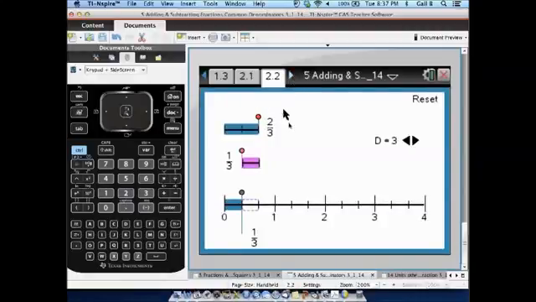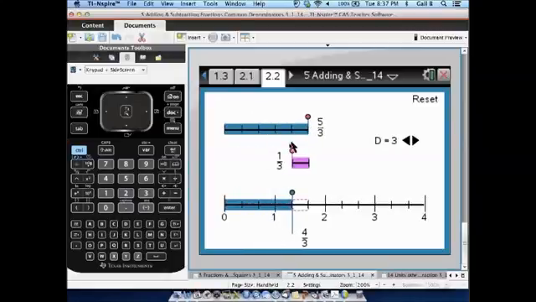Okay. So here is a page on the same file that could be used to think about subtraction. And this file, I would suggest, actually supports 2 ways of thinking about subtraction.